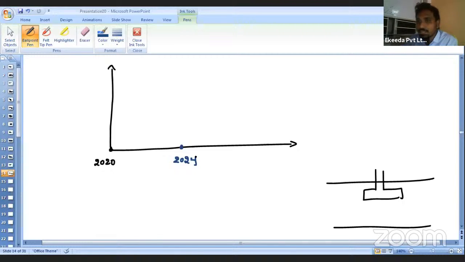In the span of 4 years, the load is not directly acting from 2020 onwards or only from 2024; it is acting from 2020 to 2024. Whatever load acts will gradually increase. After the construction is completed, whatever load is acting there will remain constant.